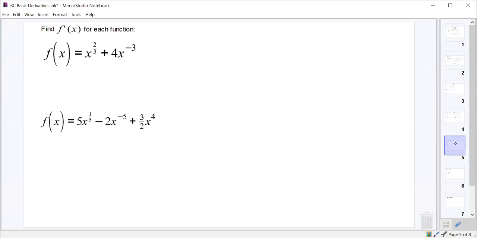All right. Easy ones here, right? X to the 2/3 plus 4x to the negative 3rd should become what? Two-thirds x to the negative 1/3 minus 12x to the negative 4th. Perfect. And this last one here should be what?